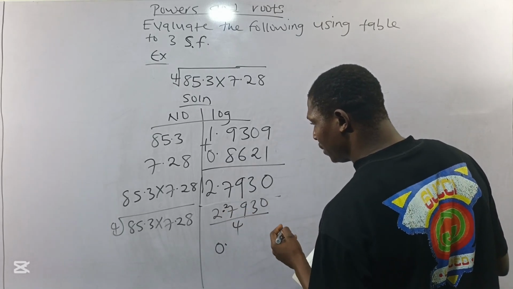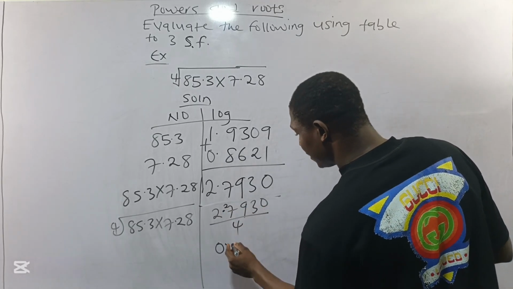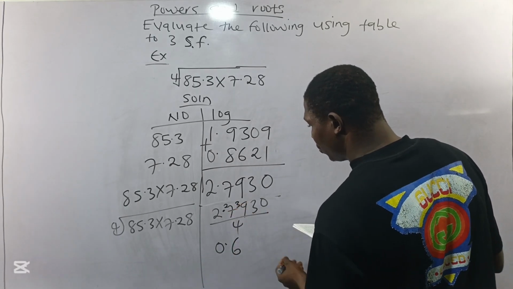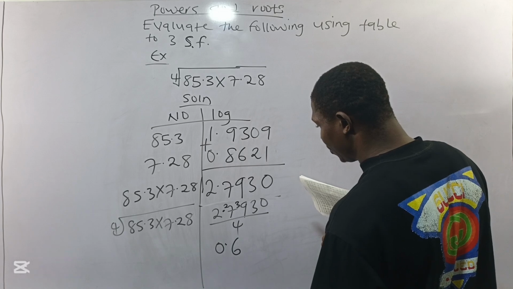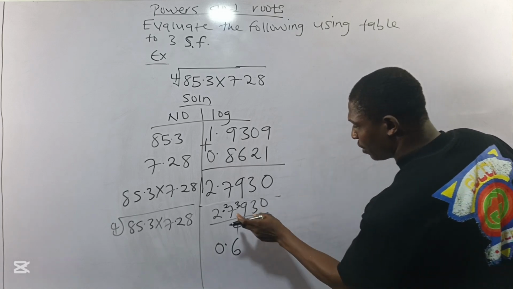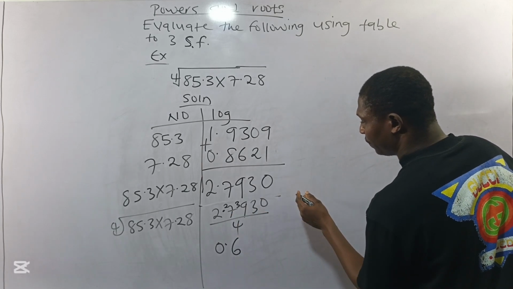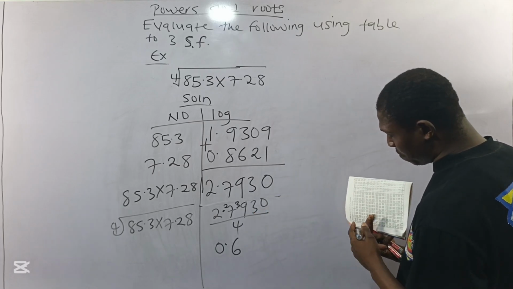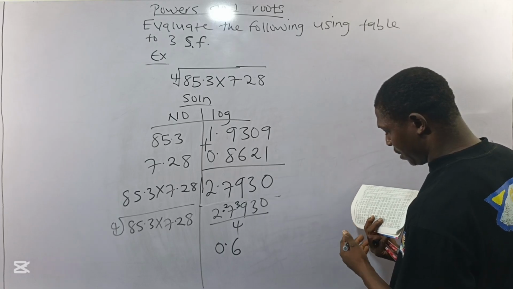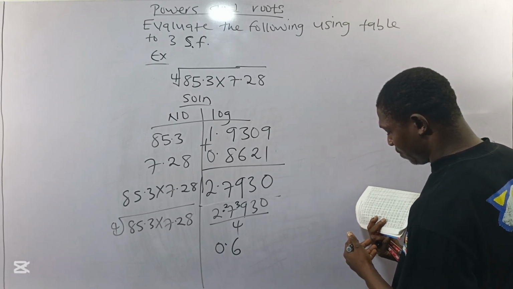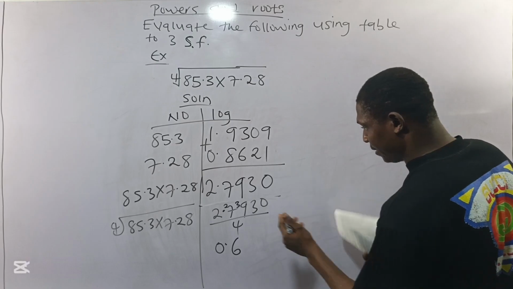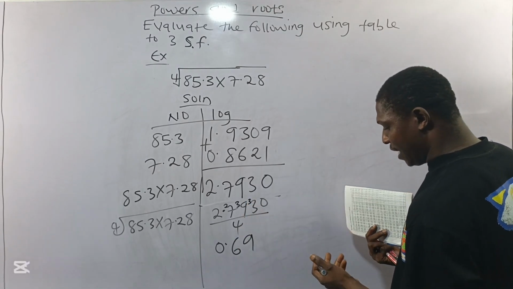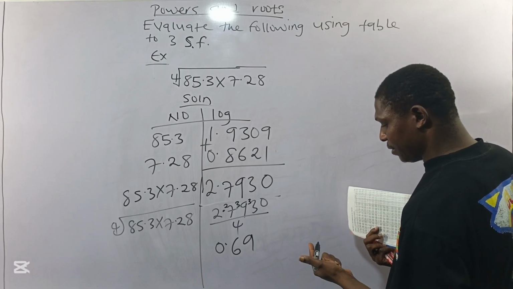Into 27 is 6, remainder 3. Into 39 is 9 remainder 3. And into 33 again, 8.